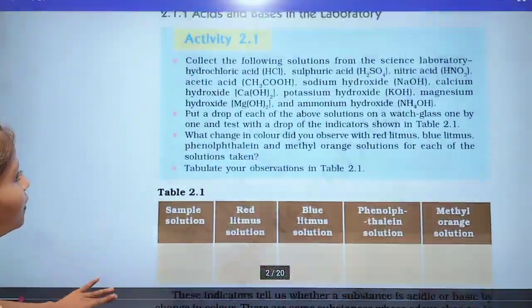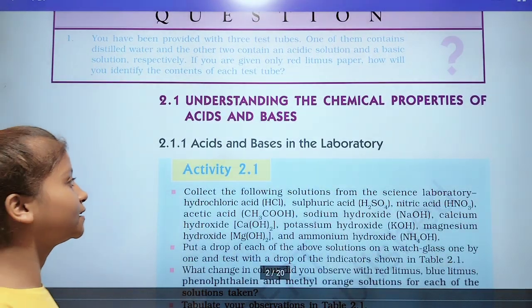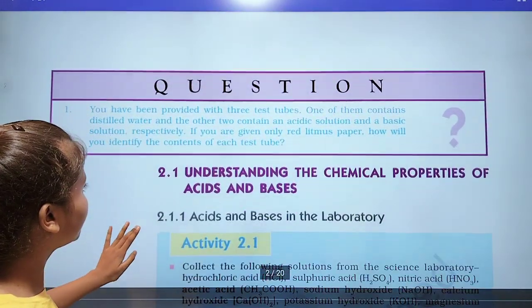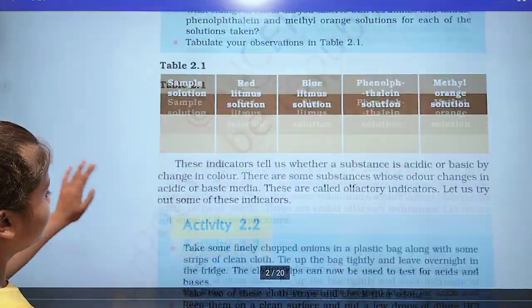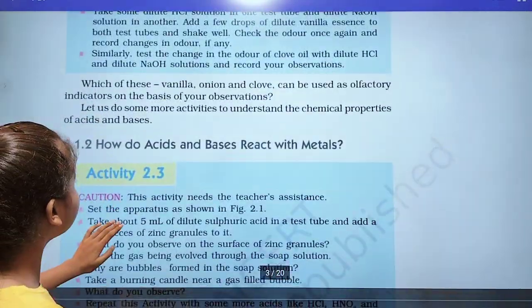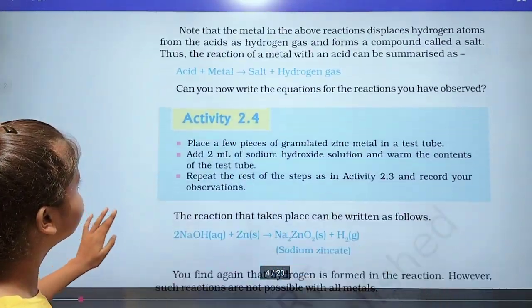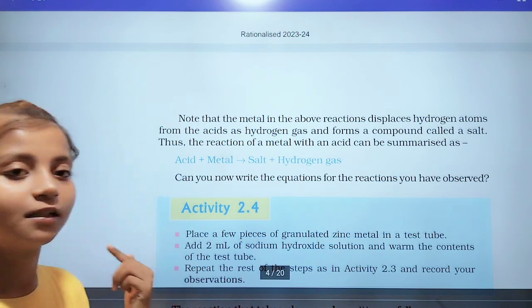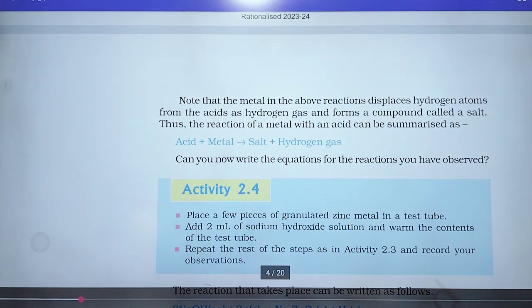Clear? Now let's come to the next topic, that is acids and bases in the laboratory, understanding the chemical properties of acid and base. If we add acid and metal, it gives salt plus hydrogen gas.